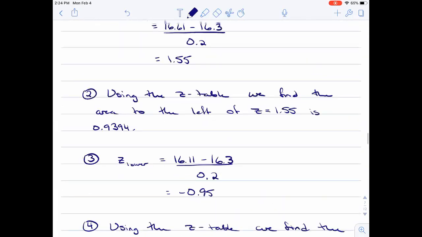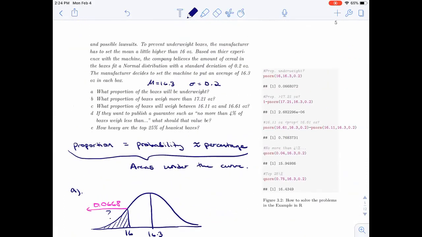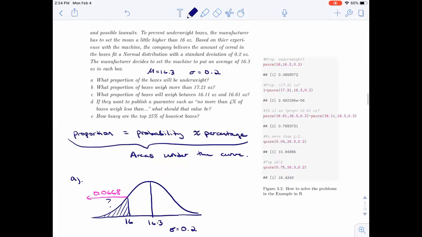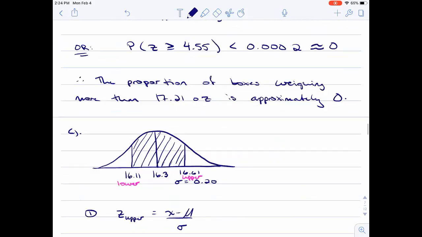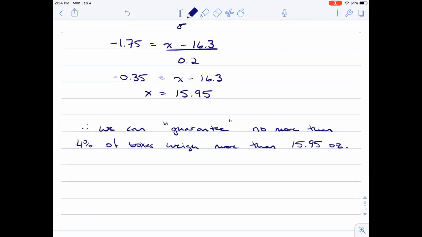How heavy are the top 25% of heaviest boxes? Kind of a switcheroo question, but it's the same type of question. We're given a percentage and now we have to work backwards.